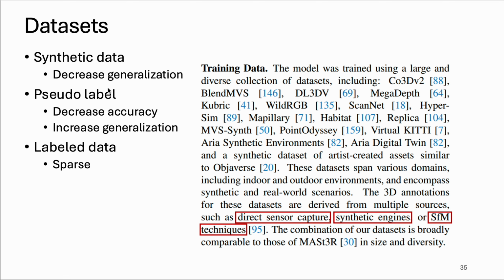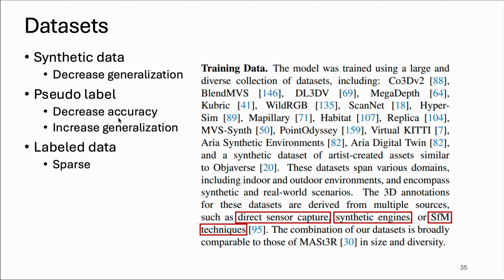The second type of data was generated with pseudo-labels, and this is what is mentioned here. The annotation was generated by either direct sensor capture, synthetic engine, or SFM techniques. So pseudo-label means the ground truth data was generated using other SFM algorithms such as COLMAP or some other method.